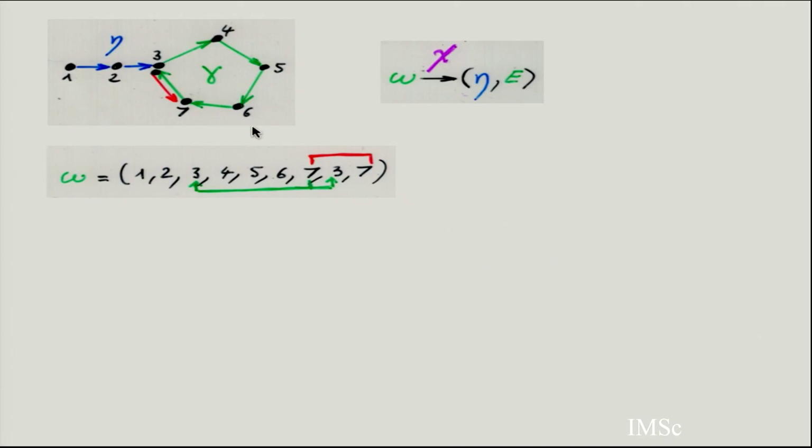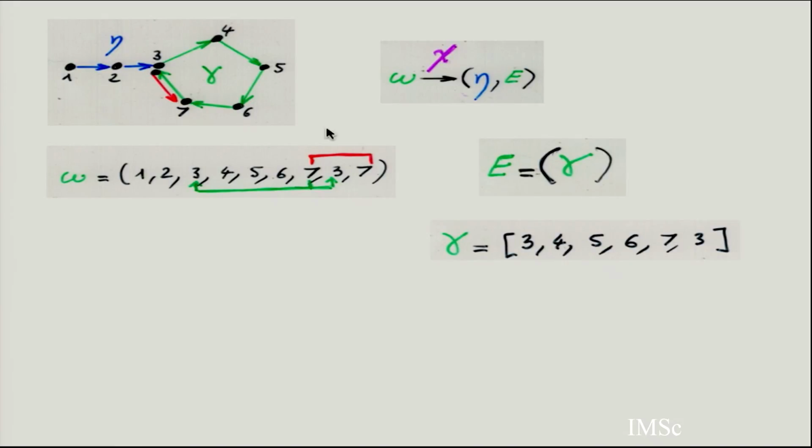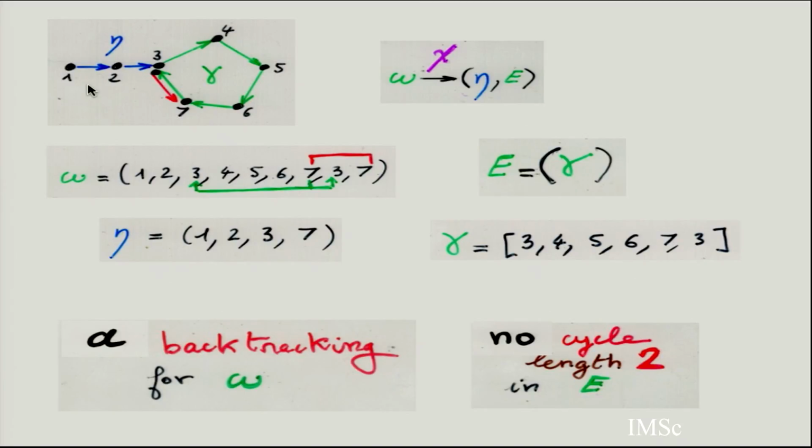Now the second counterexample. If I take this path, you see 1, 2, 3, and then 1, 2, 3, 4, 5, 6, 7, 8. Again, you are making a cycle gamma, and then from 3 you go to 7. So the heap is reduced to this cycle. The blue path is reduced to 1, 2, 3, 7, but there exists a backtracking.